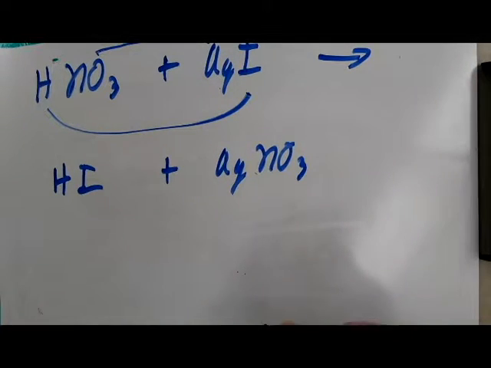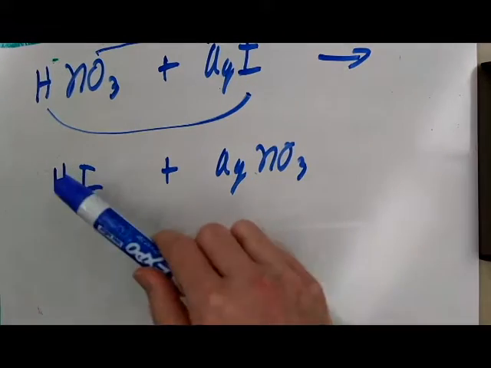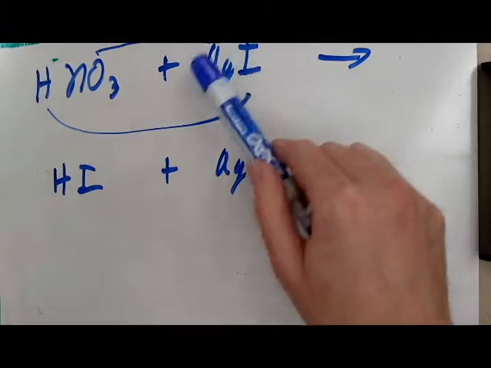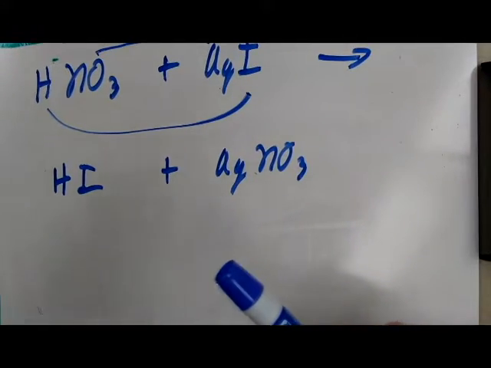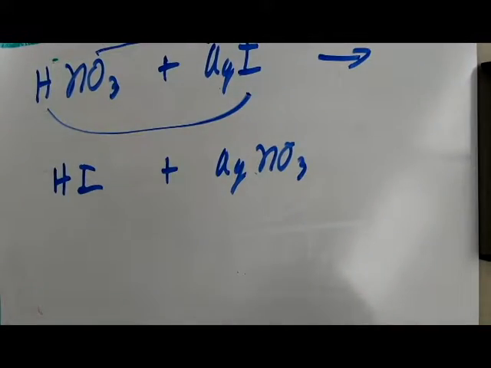Now we also need to look at our charges at this point. Hydrogen is +1, iodide is -1, so that works. And then we have silver is 1 from, we can see the reaction there, that could have been variable, but it happened to be 1 in this case. And our nitrate also, if we look on our polyatomic list, is a -1. So we do have our compounds there. But at this point we need to look up and see if we actually had something happen.